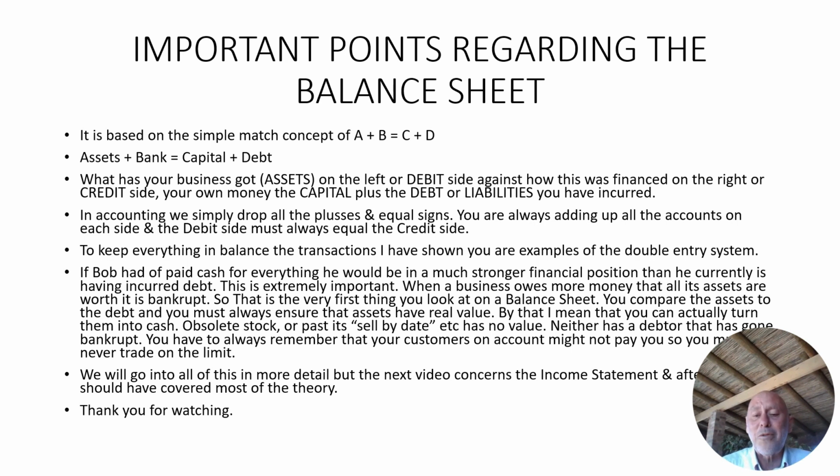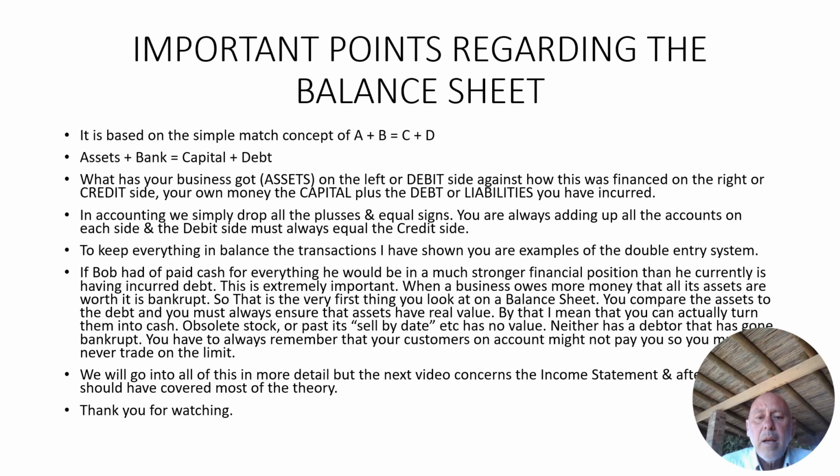That's how I used to remember which is the left and which is the right. So we drop all of the pluses and the equals. That equals you can replace with a line right down the middle of the page if you want to. But basically, we're going to add up all the accounts on the left, and all the accounts on the right-hand side, and they must be equal.